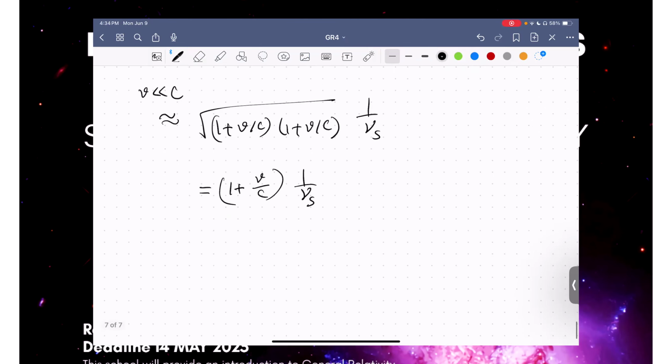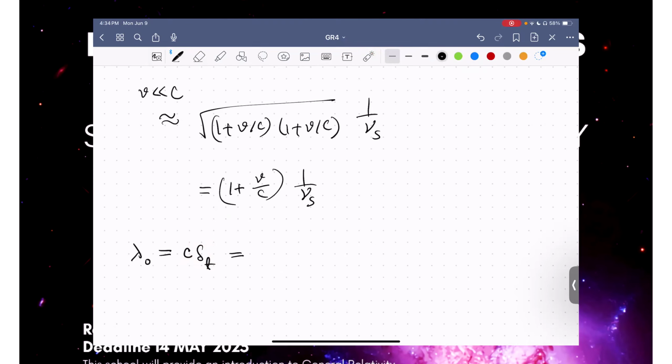Okay, so what can we infer from here? So the wavelength, as observed by the observer, is c times delta t, the time it took for the observer to receive a full wavelength, right? Times the velocity of light.